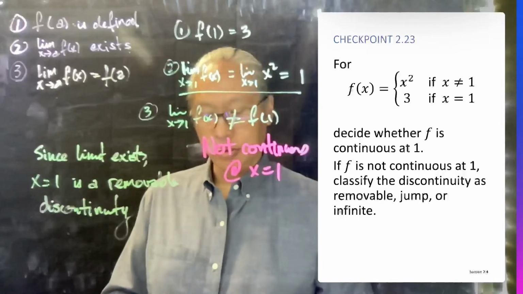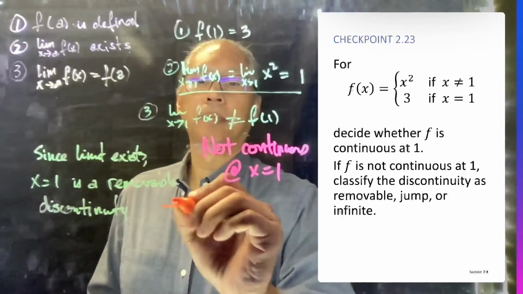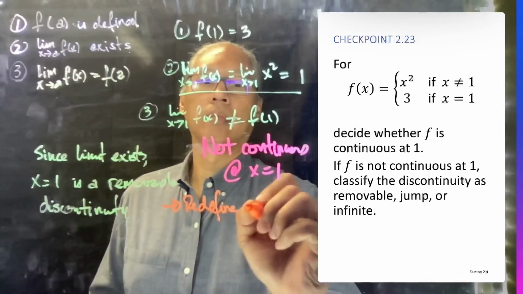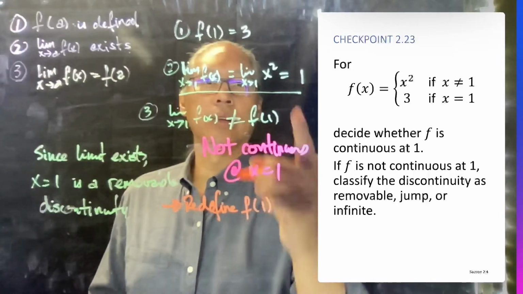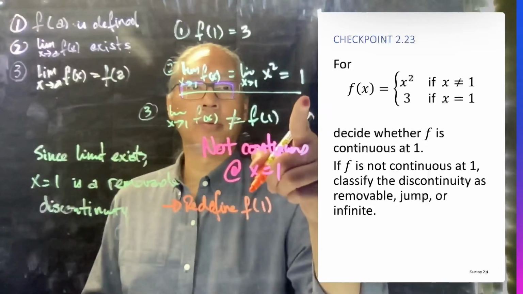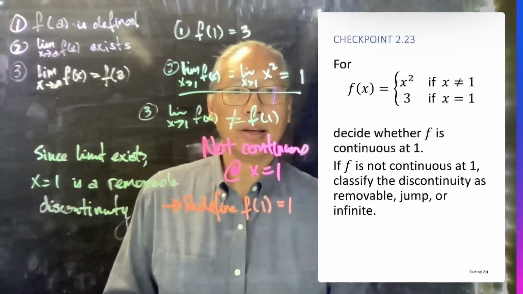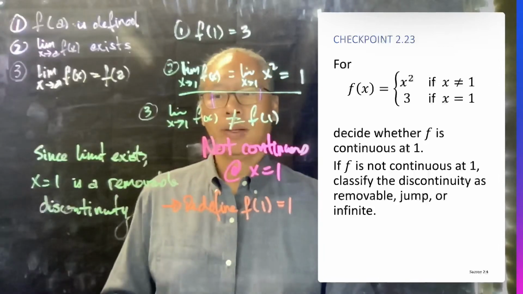So maybe we want to redefine f of 1 so that it's not equal to 3 but equal to what the limit is supposed to be. So redefine f of 1 to equal 1.